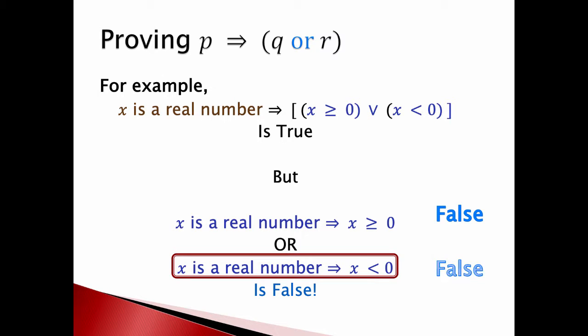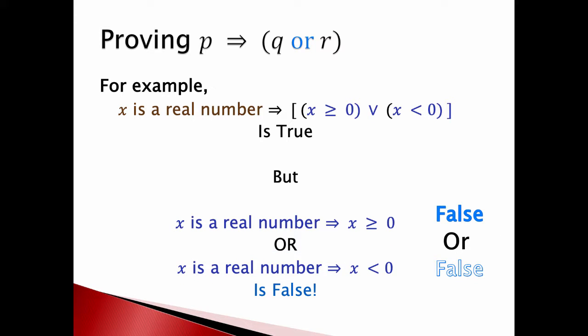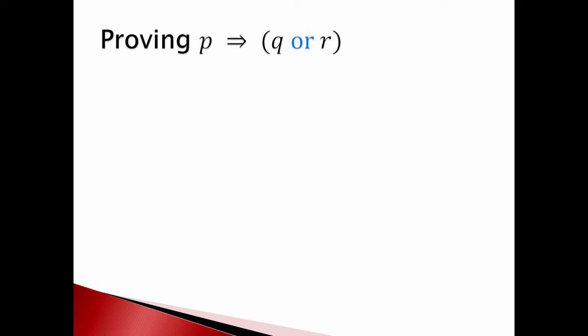Well, that's false too, right? Because there are definitely some positive numbers. In fact, that leaves out 0. So I have false or false. So of course, taken together, that's a false statement. Okay, well, so how in the world do you prove something with that P implies Q or R?